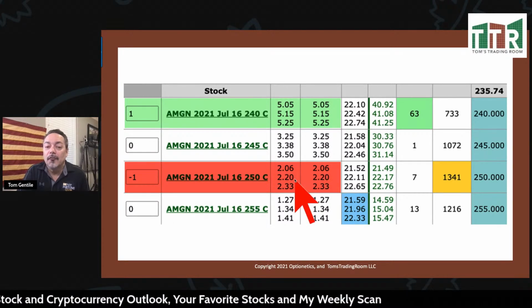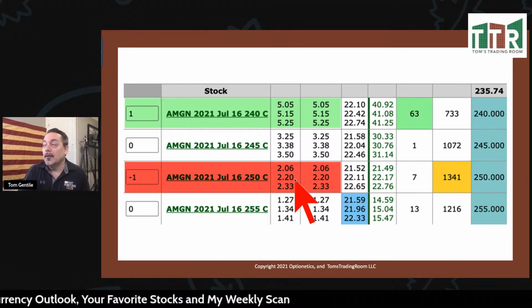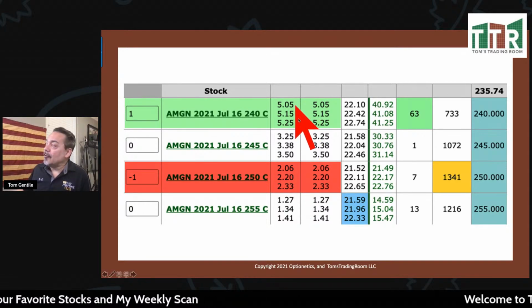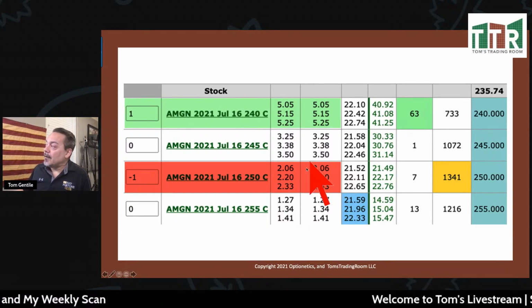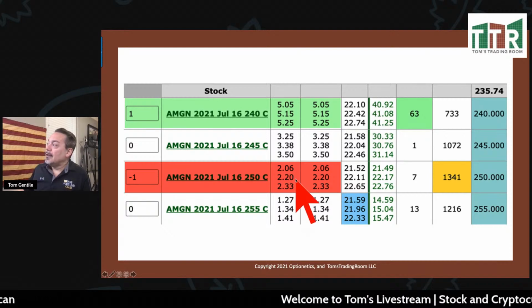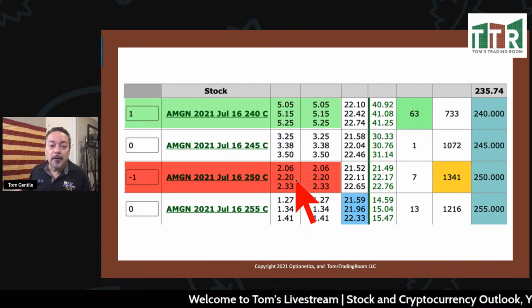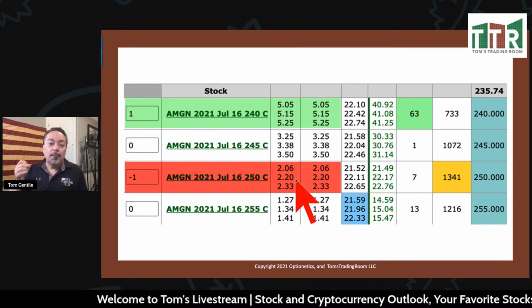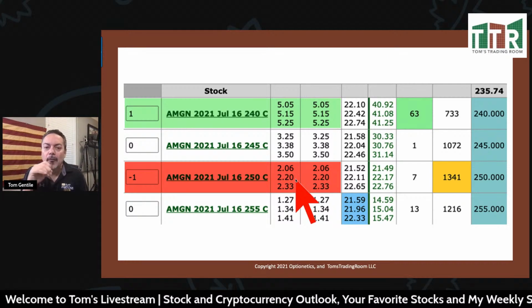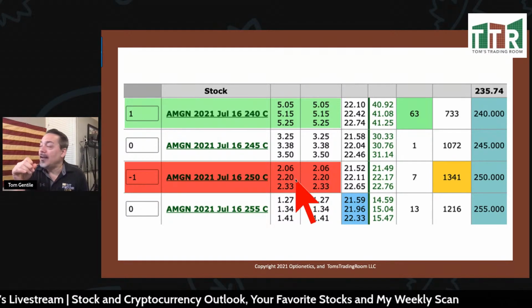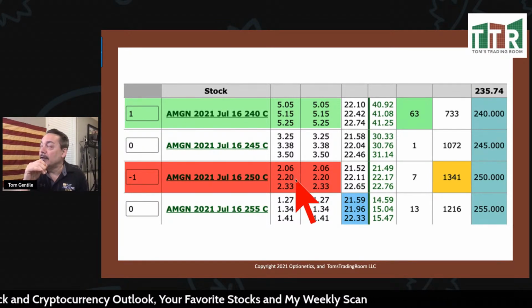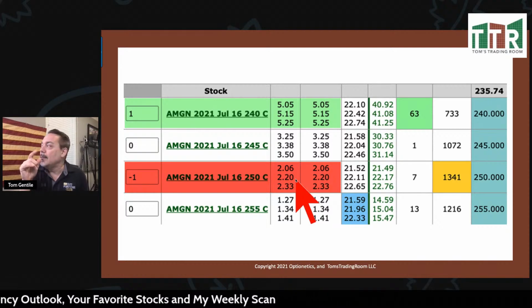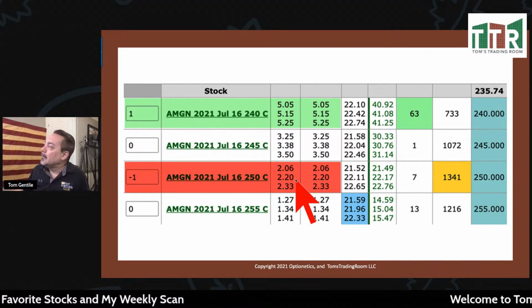That's what spreading does. So what's my risk? My risk is not $515 anymore. If I got this off at 515 and 220, my risk now falls down below $300. What's my reward? Let's just take $3 because that's an easy one to work with. We know it's $295, but let's just say we get it for $3.